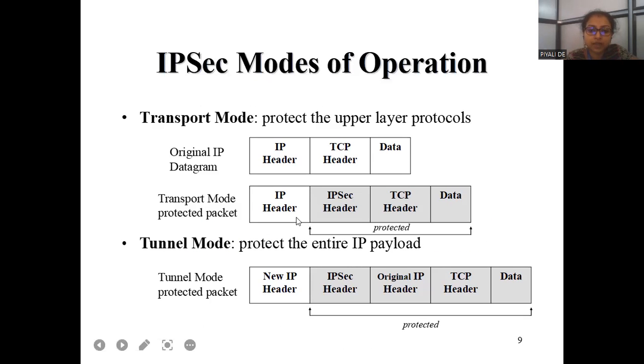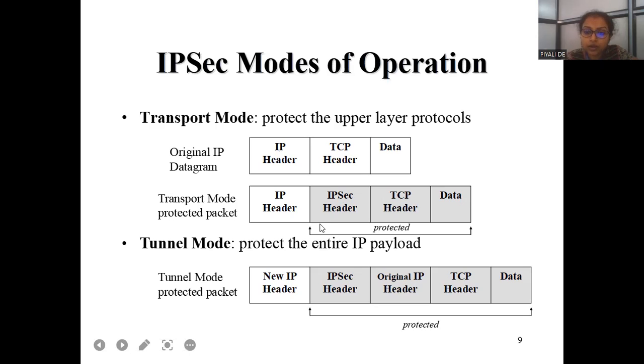So this is my original data, the data that is produced by the application layer. This is the TCP header added by the transport layer, and this is my IP header. In transport mode, the IPsec header is included in between the IP header and the TCP header.